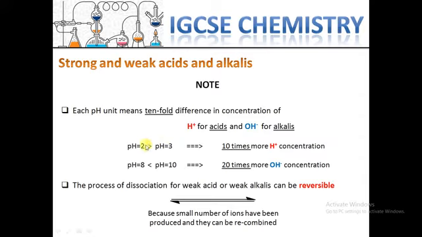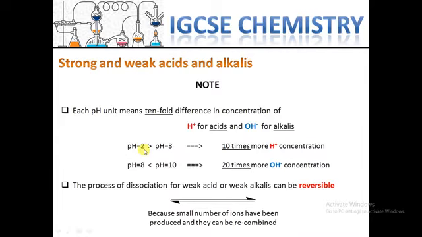For pH, for example, we have pH 2 and pH 3. pH 2, which is lower than pH 3, means more acidic, right? pH 2 means more acidic than pH 3.